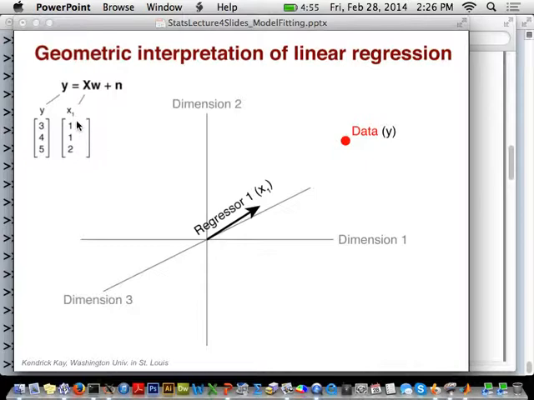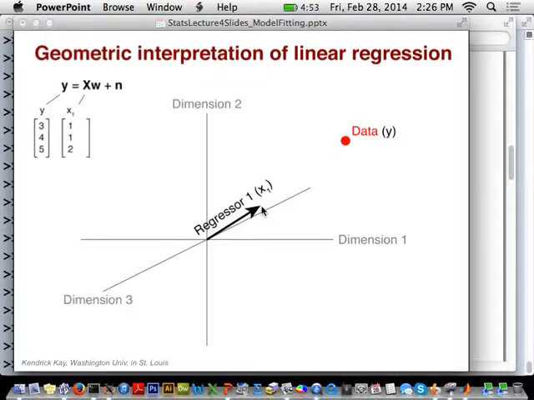So that's just X sub 1, just referring to the first regressor, and we can think of that as a vector. The tail of the vector starts at the origin, and then it just points toward the point 1, 1, 2.